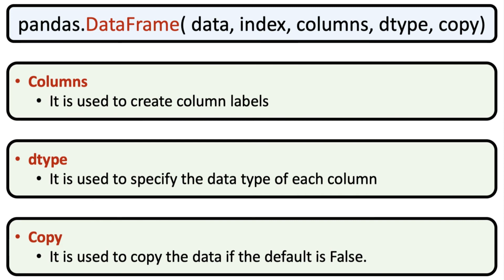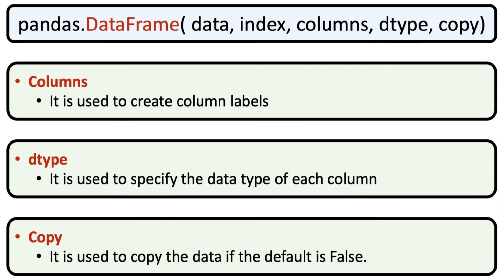The last argument is the copy argument. It is used for copying the data, if any. If you want to copy the data, you can use it. So this is about the syntax.